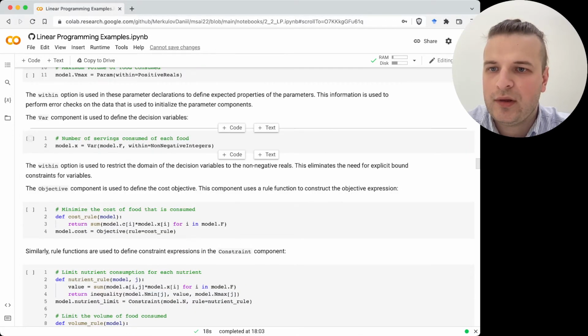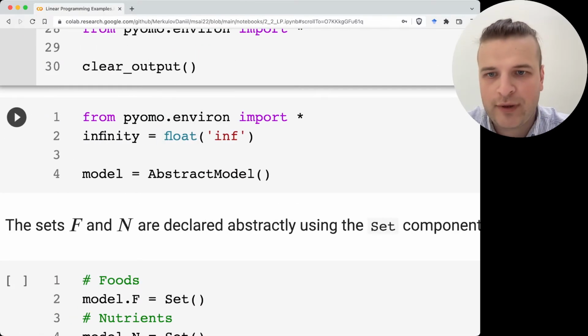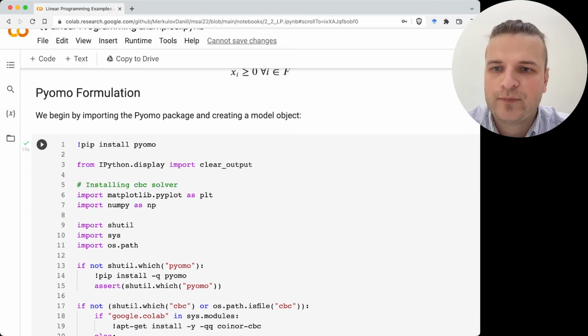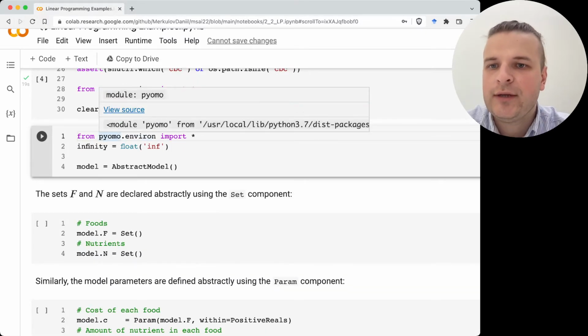Next, we will initialize our model as an abstract model here from Pyomo. That's an object from the library. You can see that we've imported everything from Pyomo.